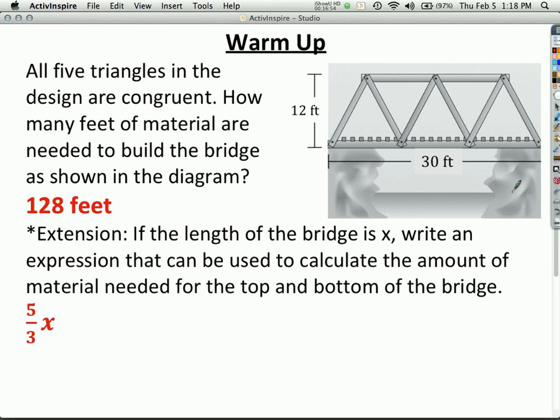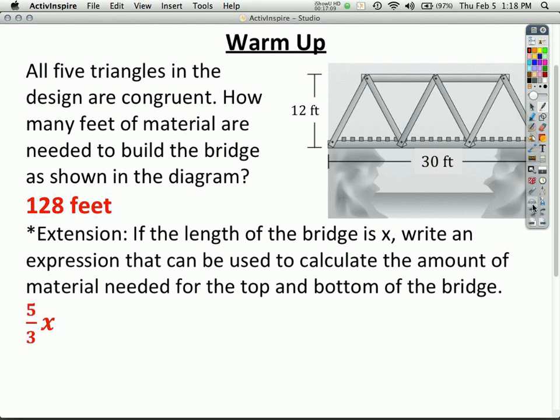Well, but the bottom's already done. If this is x, how much material do we need for the bottom? There's no 30 there anymore. So I'm sorry you're getting a little confused. Forget about the 30. There's no 30 there. I am now saying that this is x.